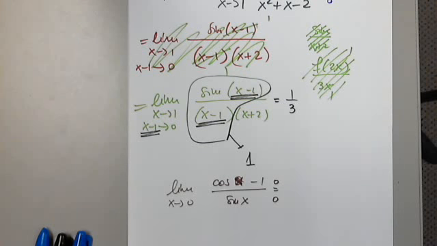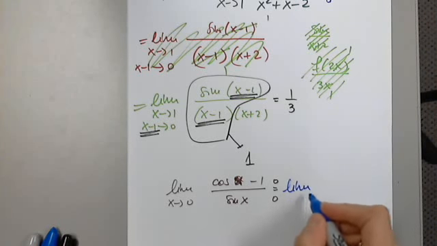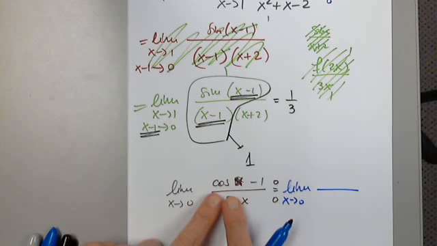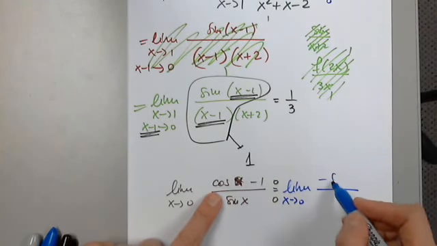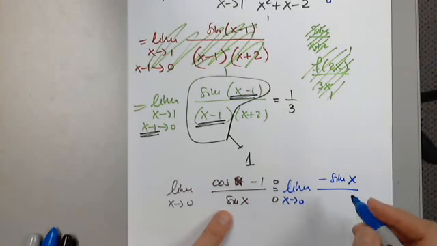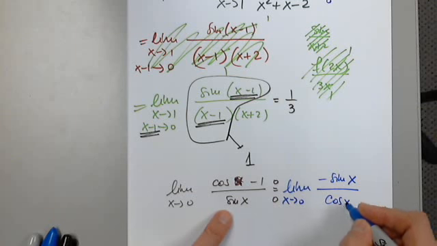Perfect. Now, this particular example is a ratio. It fulfills the indeterminate case 0 over 0. Ratio 0 over 0, I can apply L'Hopital's rule. So this will be limit as x approaches 0. The derivative of the top is negative sine x, and the derivative of the bottom is cosine x, very good.